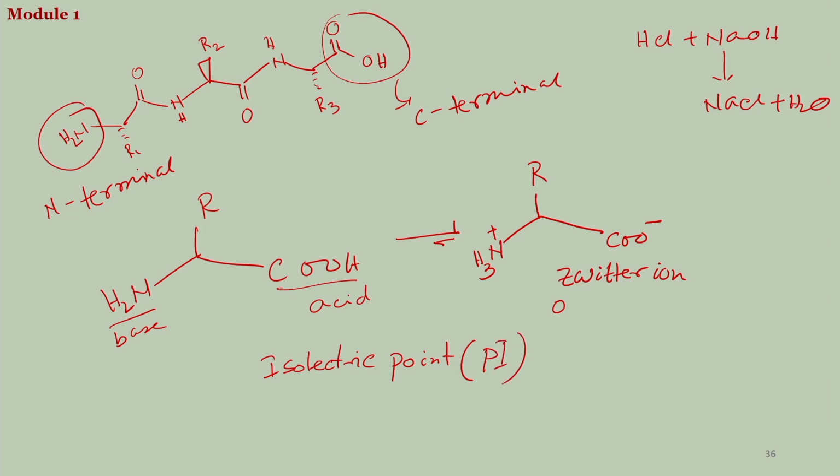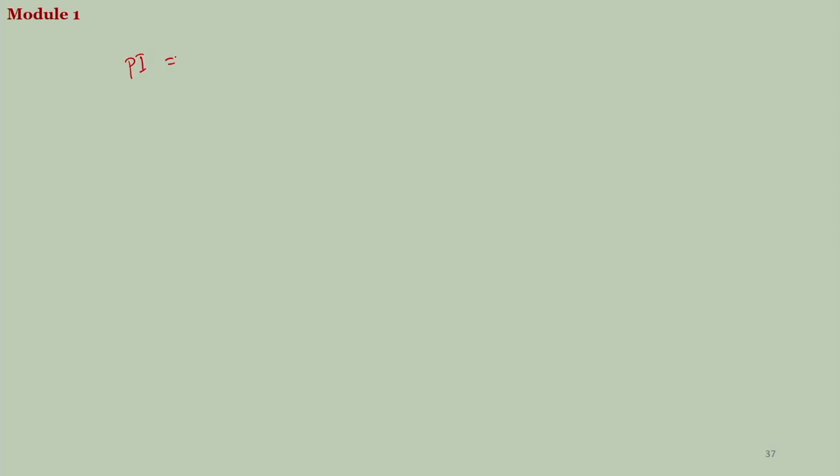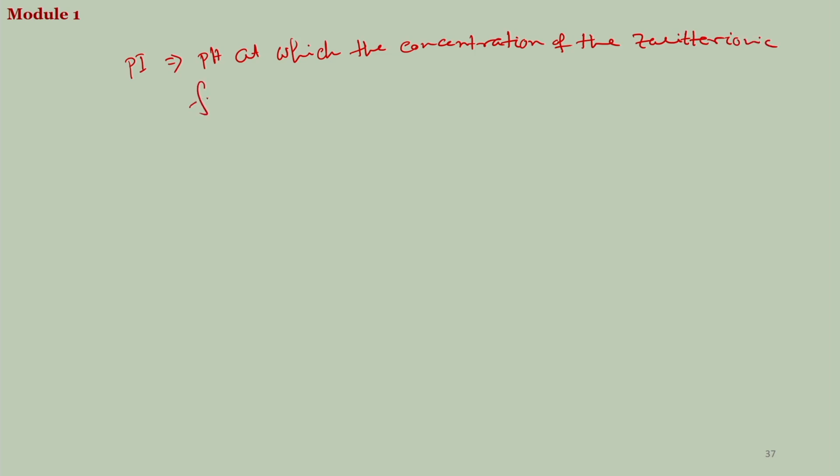So, isoelectric point is a kind of characteristic of an amino acid that is defined as, pI is actually defined as the pH at which the concentration of the zwitterionic form is maximum.